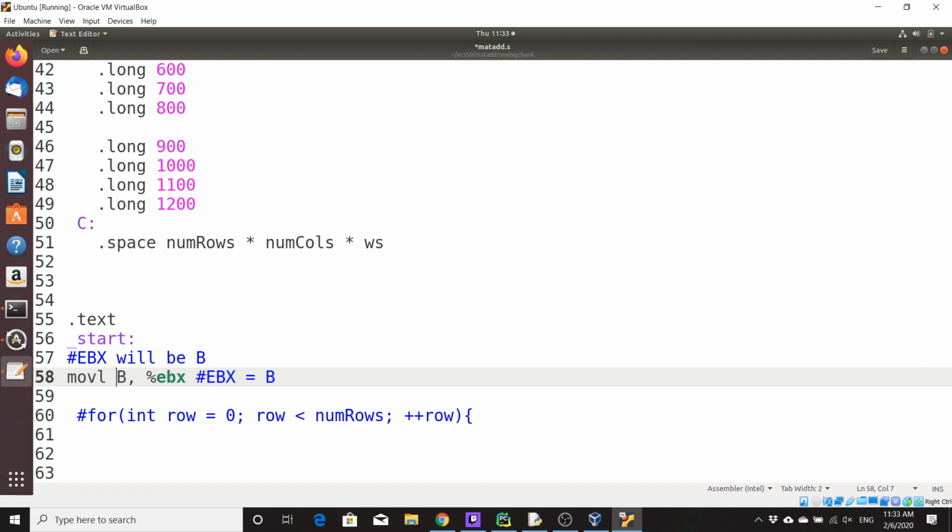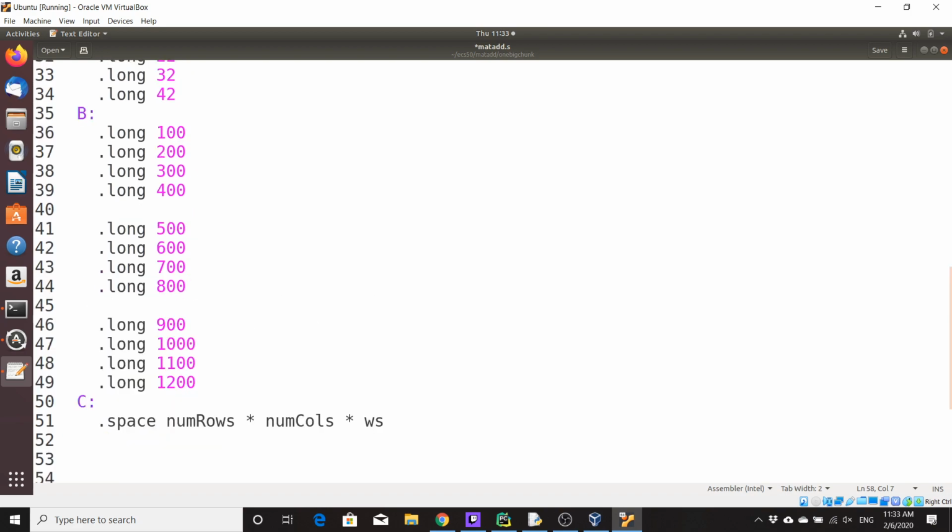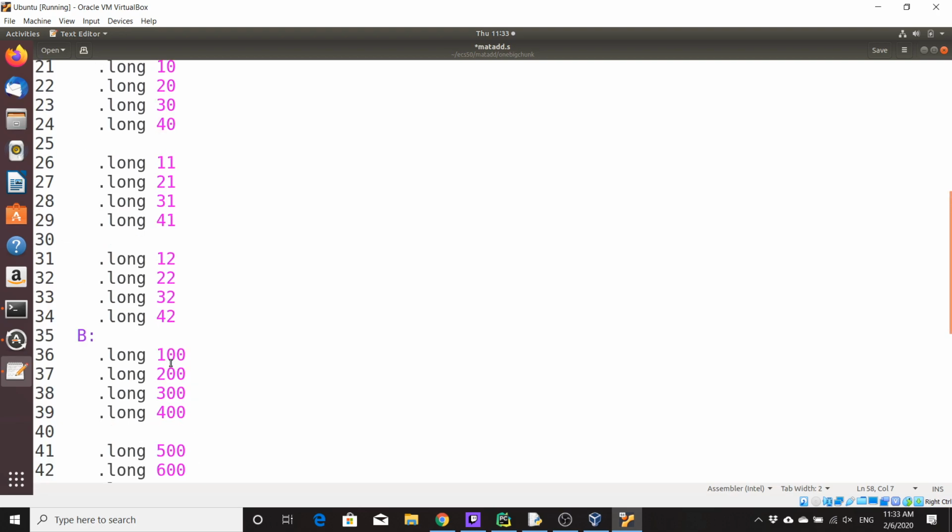Dollar sign? No dollar sign. We actually do want the dollar sign. If we leave off the dollar sign, it's going to give us the first element. What's that memory at location B? So we'd actually get the value 100.